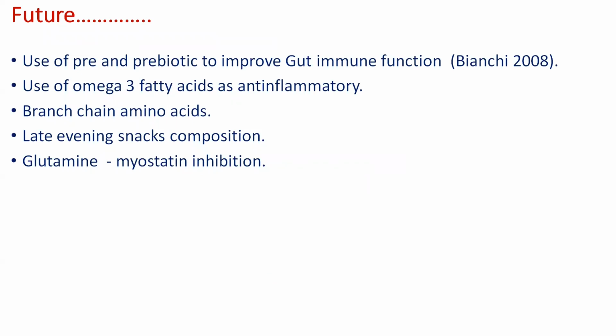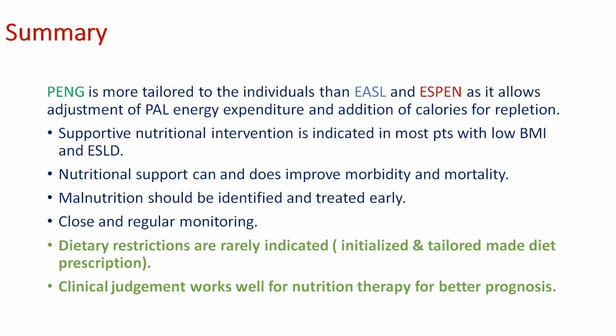Use omega-3 fatty acids as an anti-inflammatory factor. Branched chain amino acids should be discussed and used whenever we are discussing protein. We should consider branched chain amino acids, late evening snack composition, and glutamine should be taken care of.